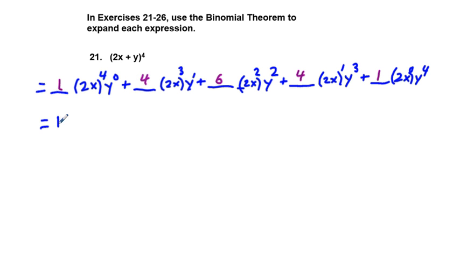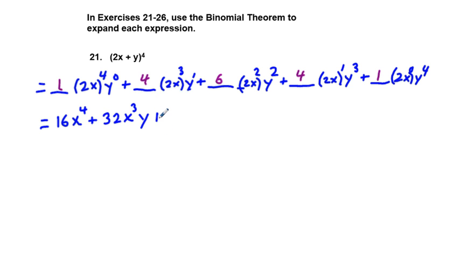So we're going to get 16x to the 4th power plus, we're going to have 2 to the 3rd power times 4, and 2 to the 3rd power is 8. 8 times 4 is 32, so we're going to get 32 x to the 3rd power, and we have y to the 1st power, which is just going to be y.